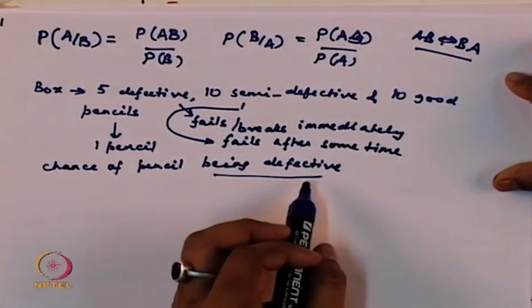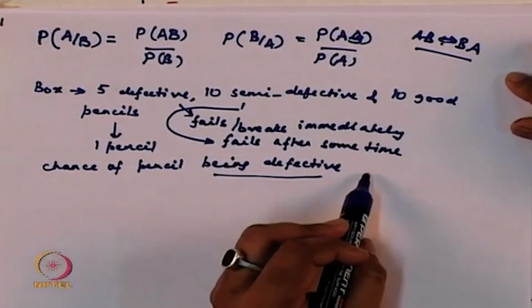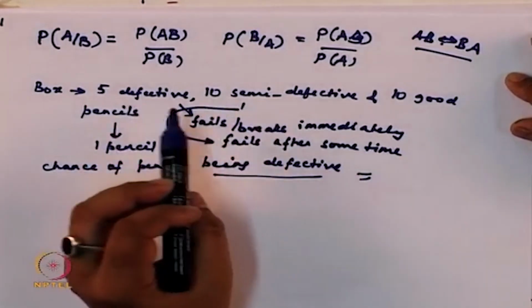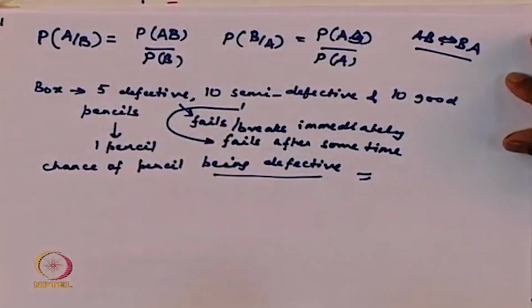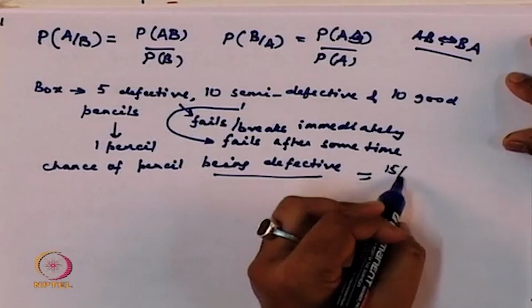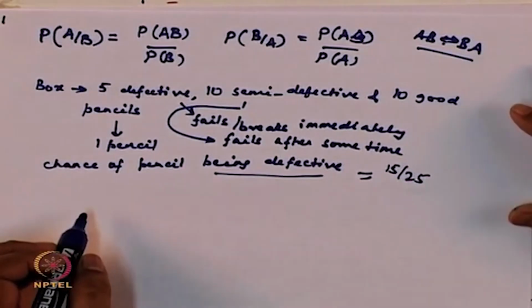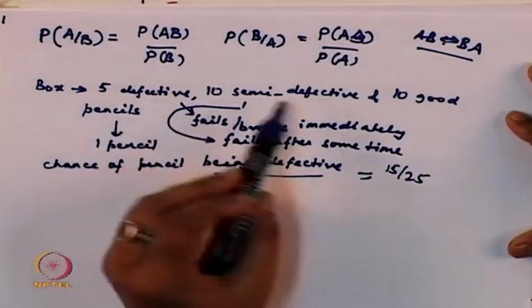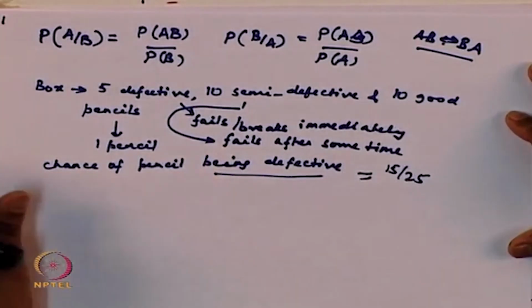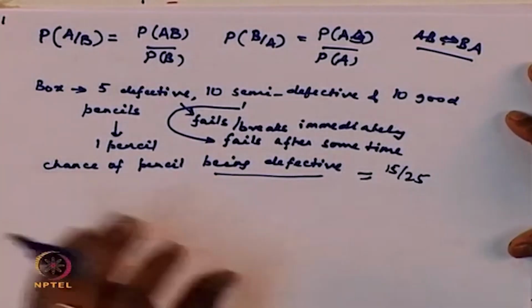So, the chance of the pencil being defective is essentially counting the total number of defective pieces. In that case it is simply 15 by 25. So, you have 15 defective and 10 good.